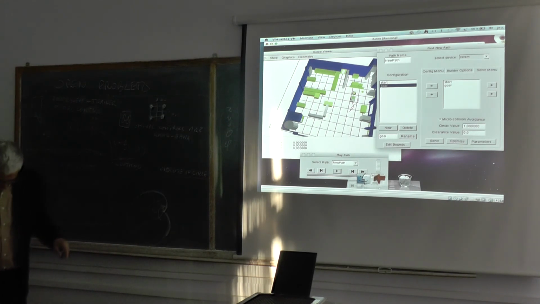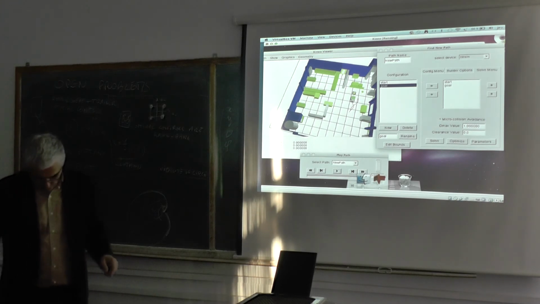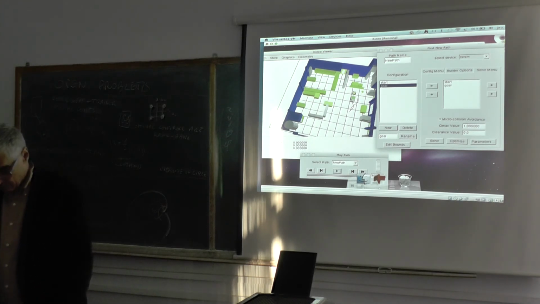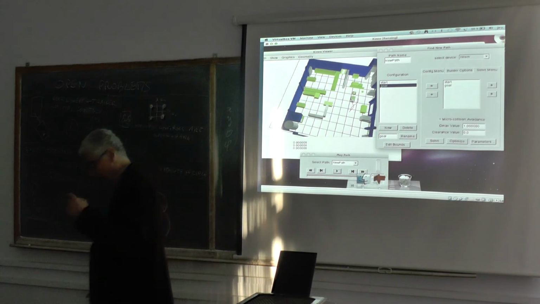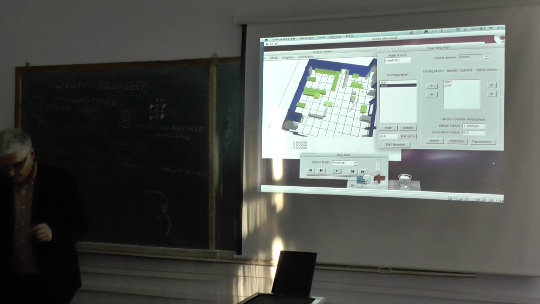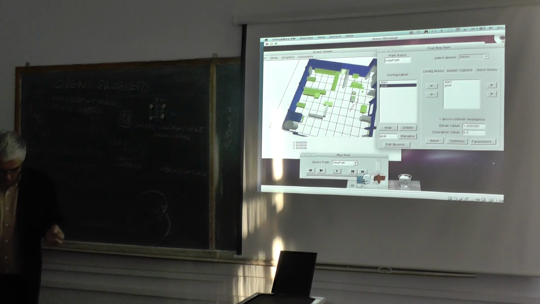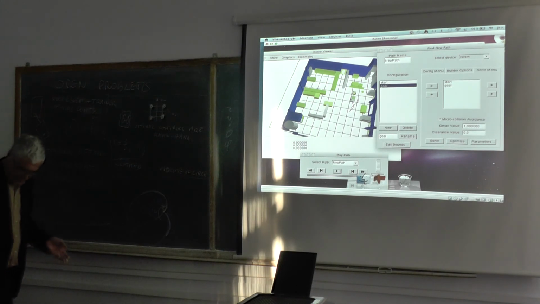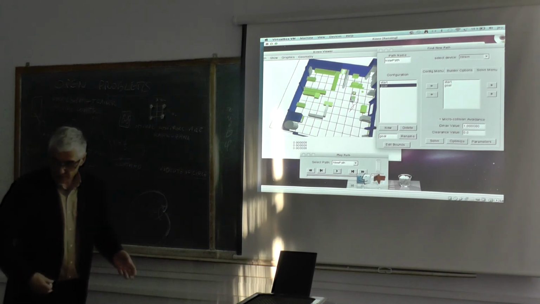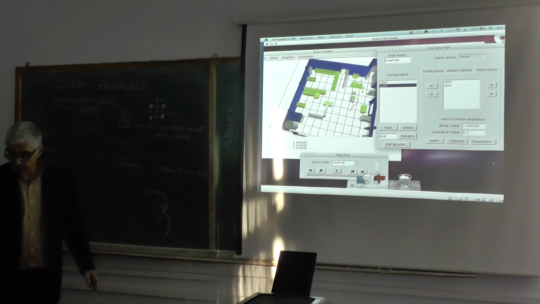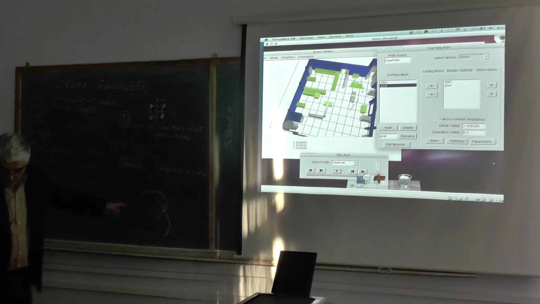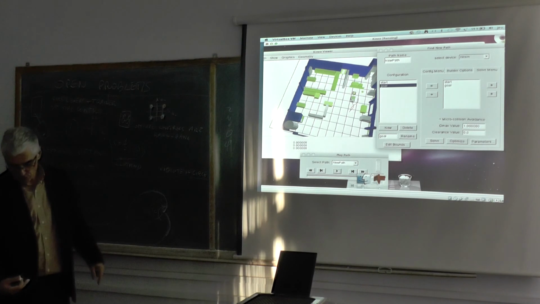Instead of stopping for a while and then going back like this, it's possible to have a motion where there is a rotational motion when I am following that.